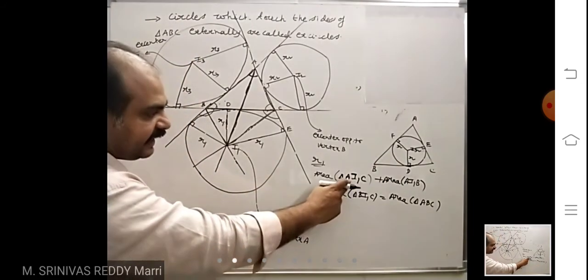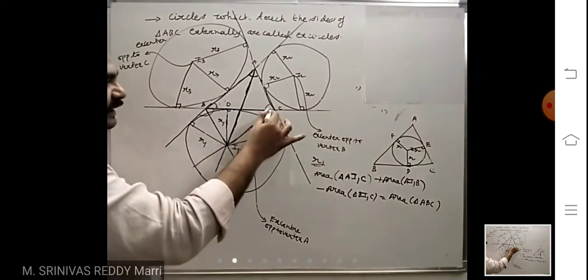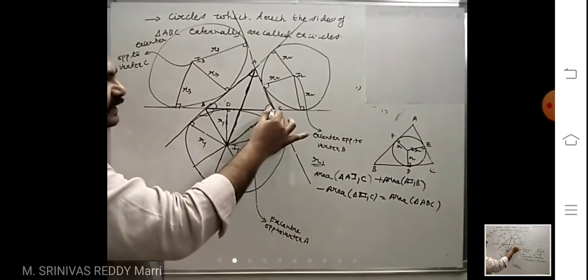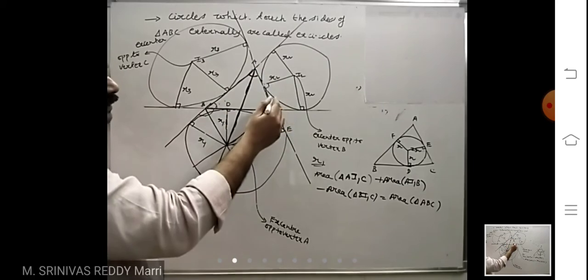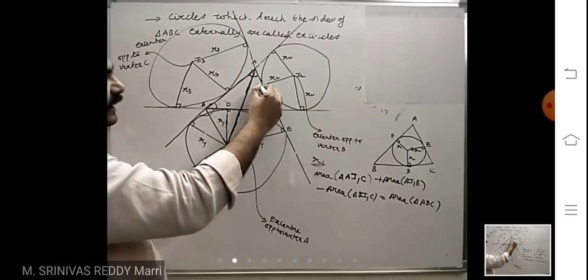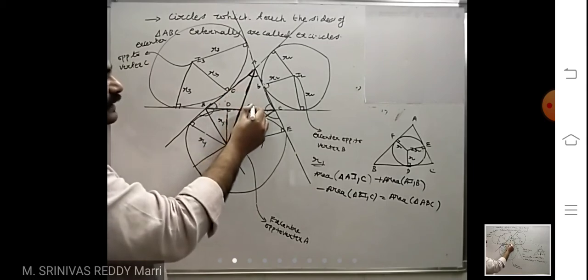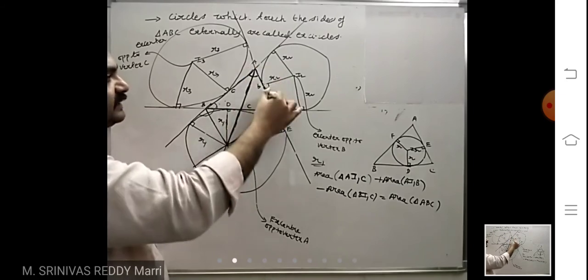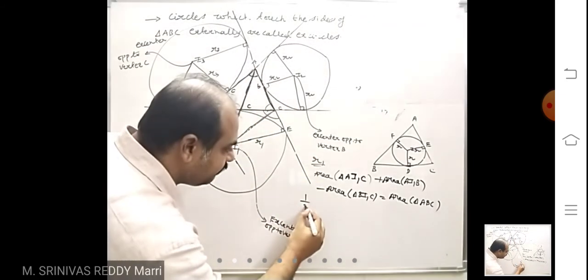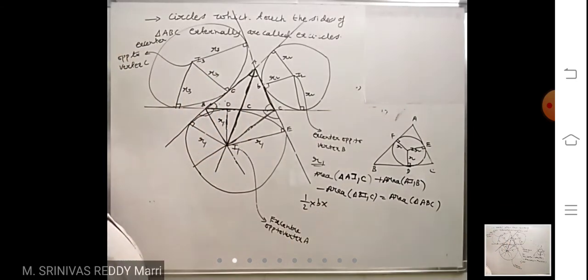Look at this triangle area: half base into height. AI1C area is half base into height. For this triangle, what is the base? AC length is b, AB length is c, BC length is a. So it is half into b into height.